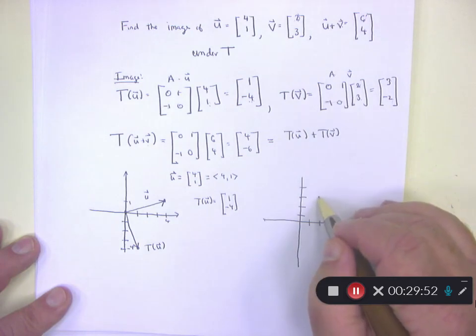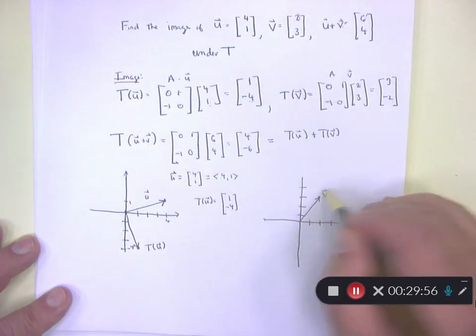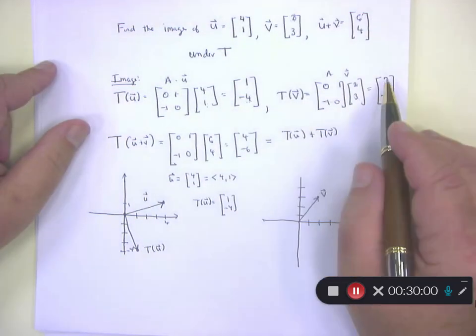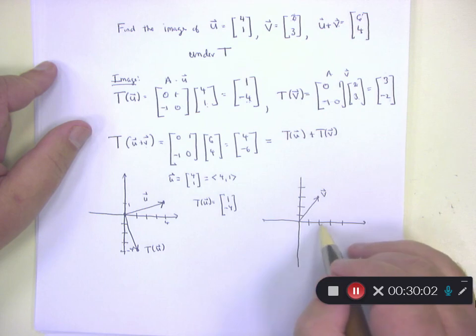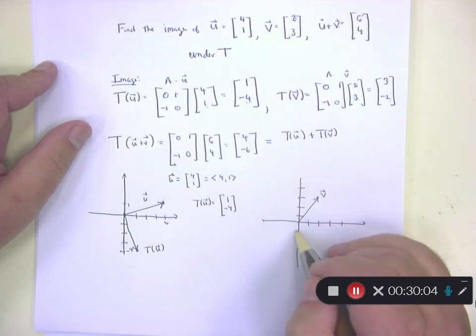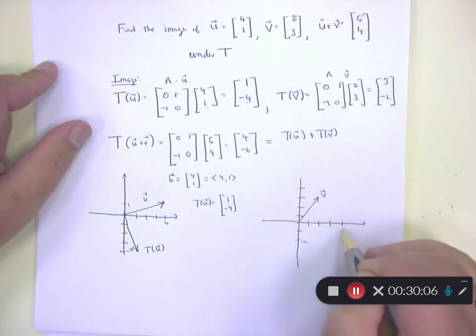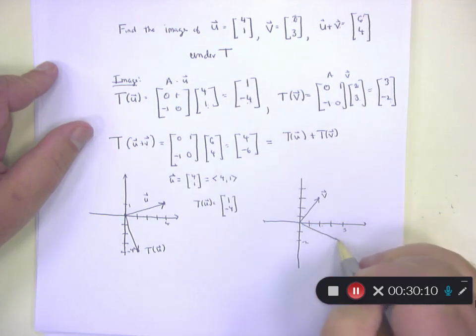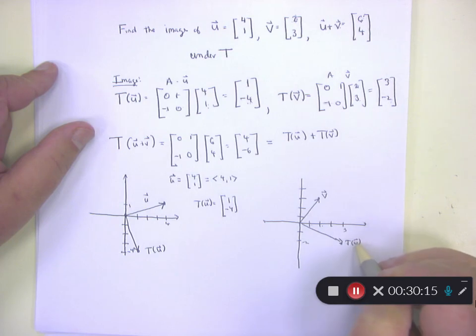Here is vector v right here. What is T of v? T of v is (3, -2). 1, 2, 3, -2. Here's -2, here's 3, here's that point. There's that. So this is T of v.